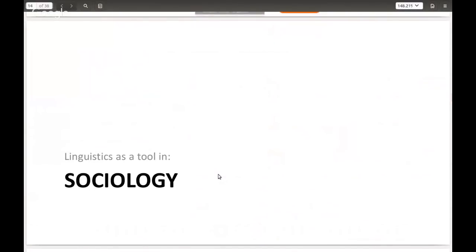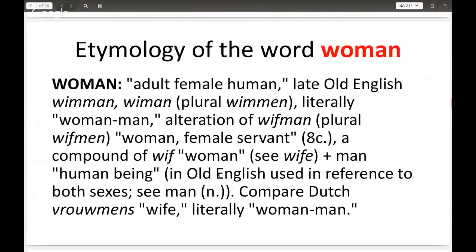So, linguistics as a tool in sociology. Now I'm gonna give you some examples. For those who have my text, Nesubiti, in the introduction, I have a brief discussion on the etymology of the word woman in Indo-European, and it traces the current definitions of adult female human, but it's literally a woman man in terms of its makeup of the word and how it is broken down.